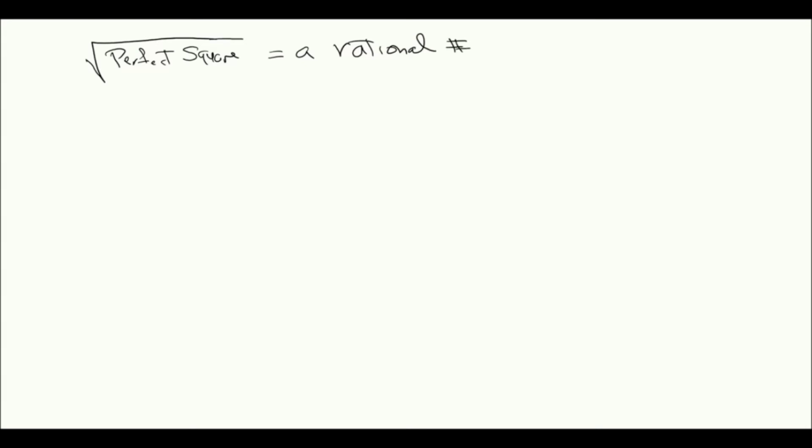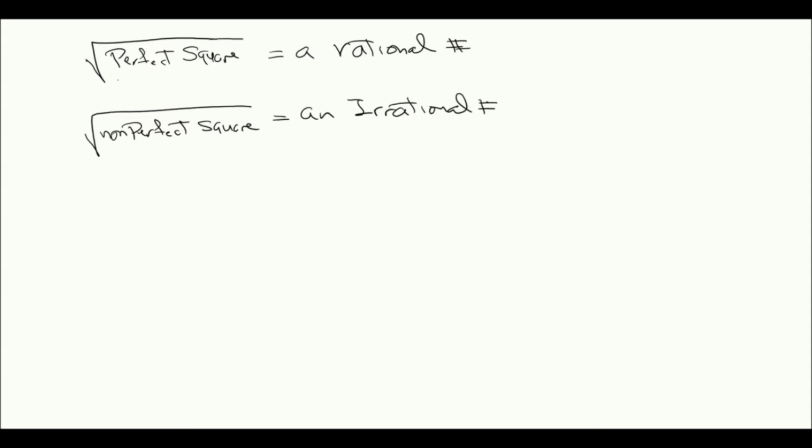And here we're only talking about the principal square root. And the same goes with the negative square root. And if you take any square root of a non-perfect square, that answer is going to give you an irrational number.